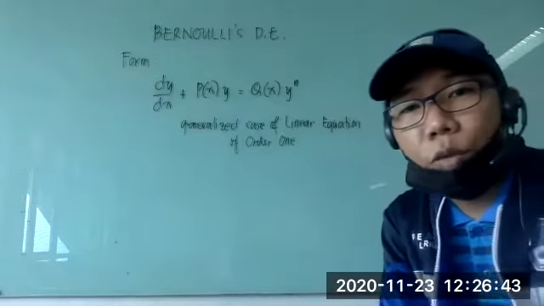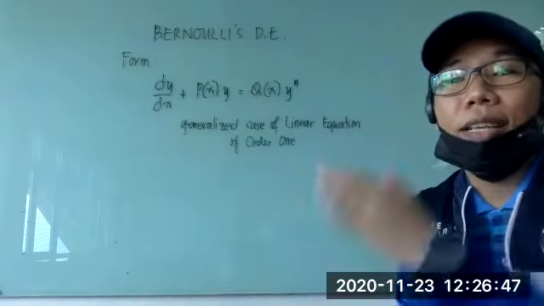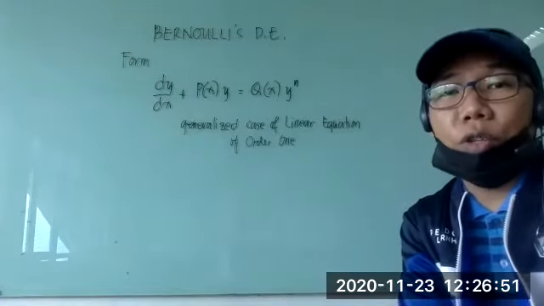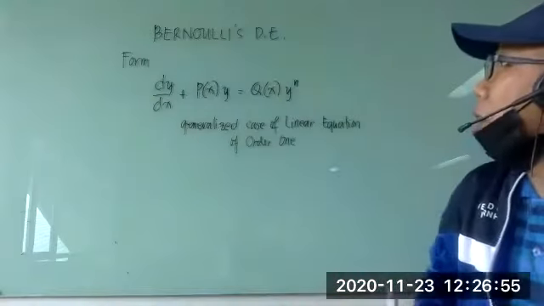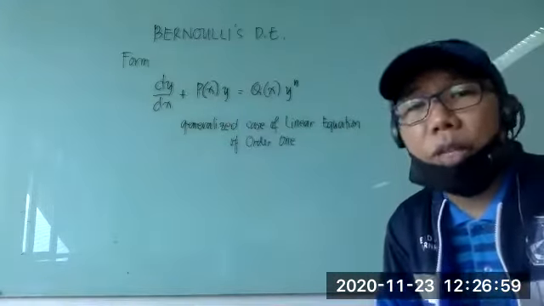Now let's proceed to the next topic, which is the Bernoulli's differential equation. This equation is actually a generalized case of the linear equation of order 1. Now what is the form of a Bernoulli's equation?